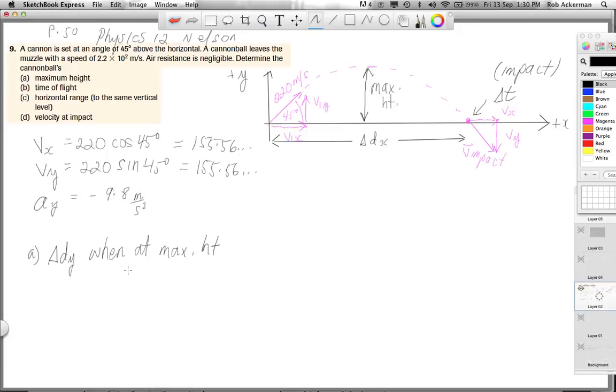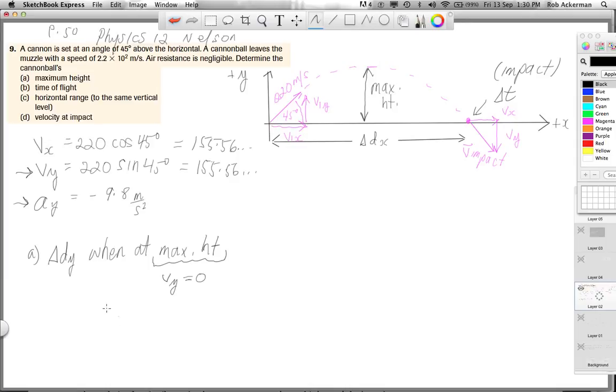Do you remember from grade 11 style problems, when a ball rises up vertically and reaches its maximum height, something happens, and that something is that the y velocity becomes 0, because the object stops rising and begins to come down. So they're planting some implied information in here. They're asking for delta d when the final velocity is 0, given the initial velocity in the y direction was this, and the acceleration was that.